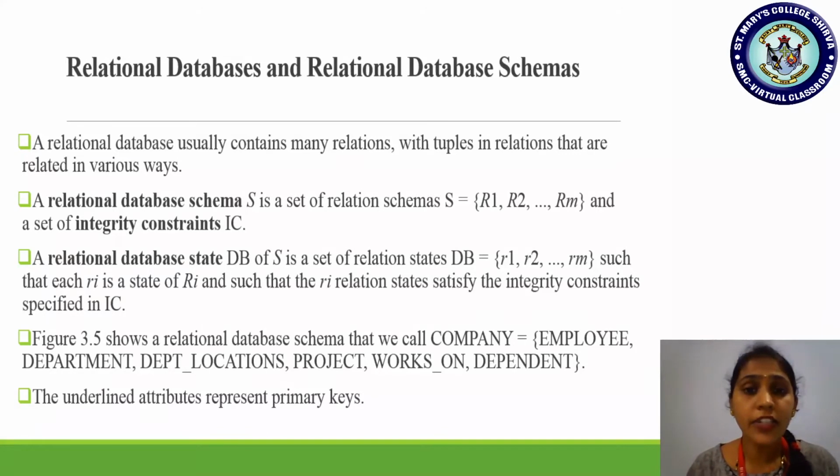That relation is what is represented by R1, R2, Rm, like that, such that each Ri is a state of which one? Capital R of i, and such that the relation states Ri satisfy the integrity constraints specified in the integrity constraint set. So how will I say that employee 101 is working in department A1? How will I tell that it is a current state in the database?